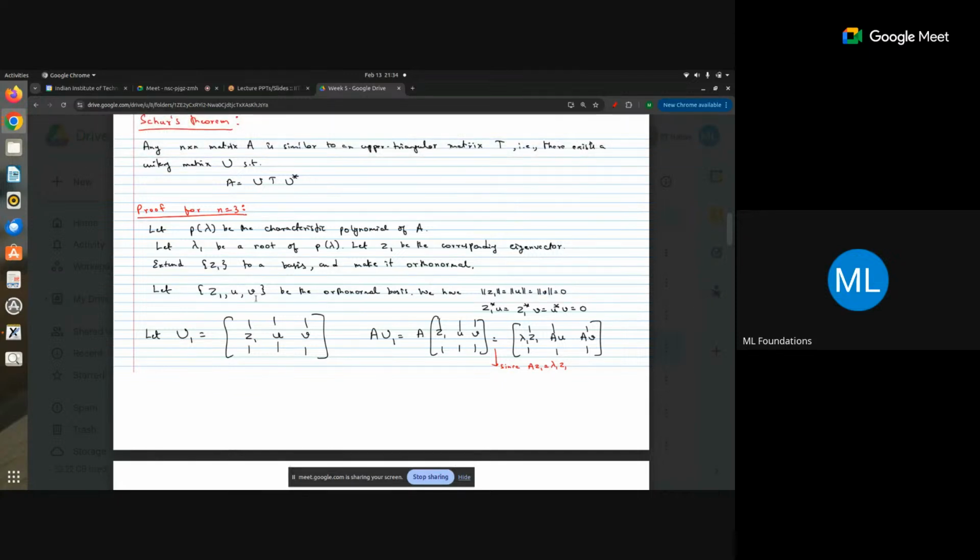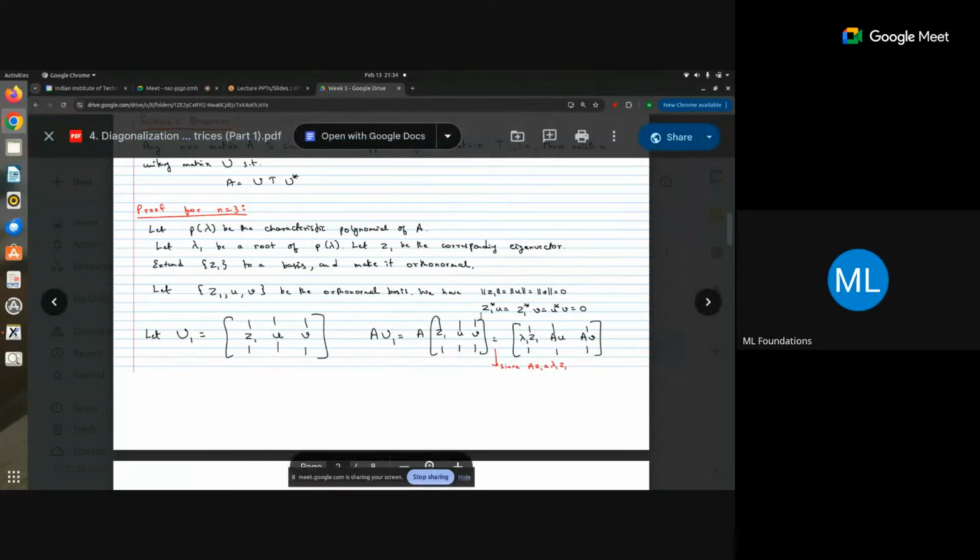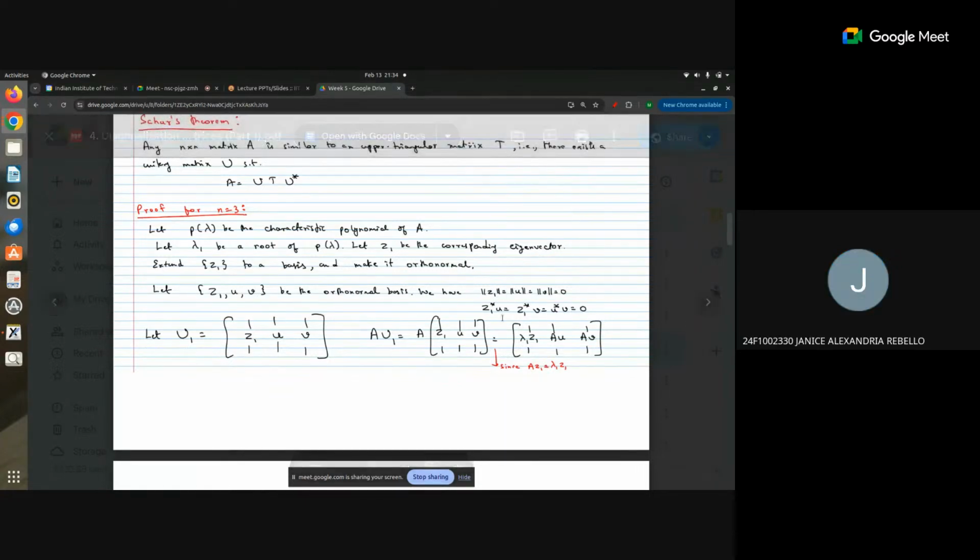So an orthogonal basis is basically one that satisfies these conditions. You can take any vector that is orthogonal to z1 or to each other; if it satisfies this condition, that will be fine.